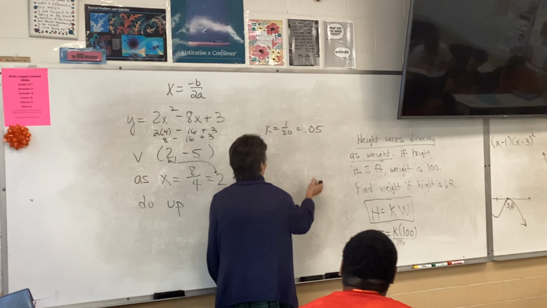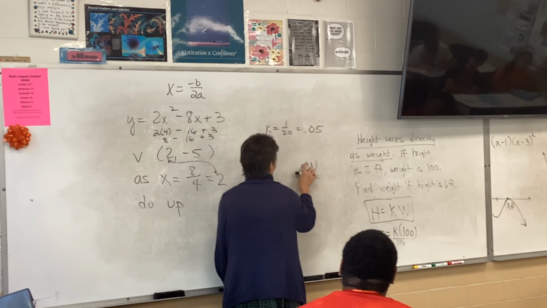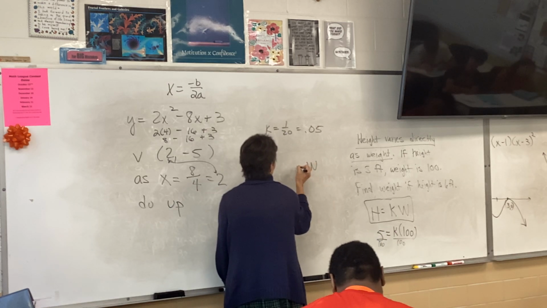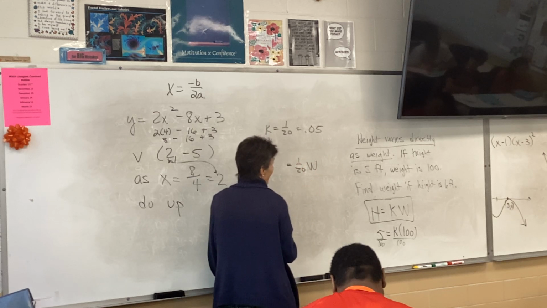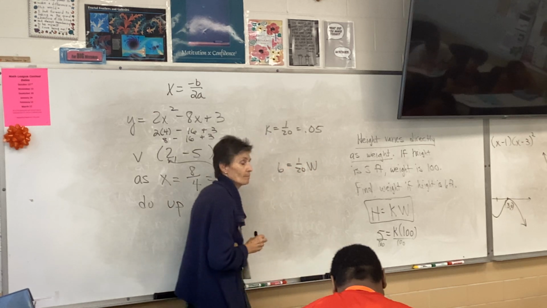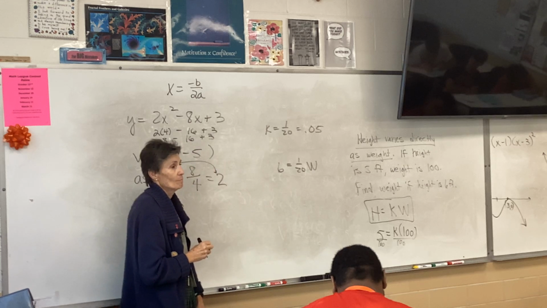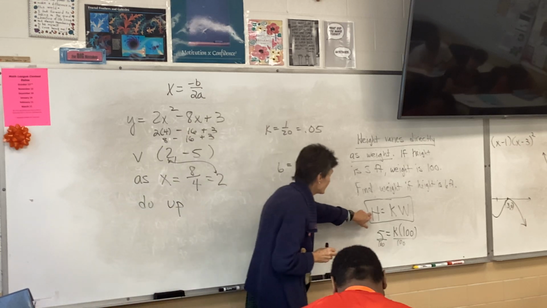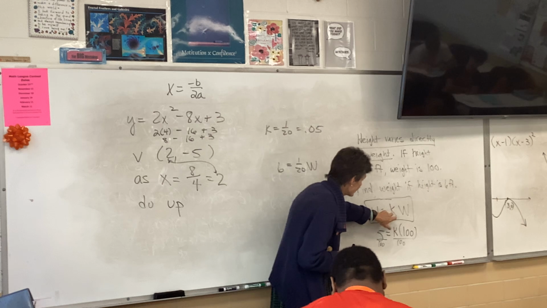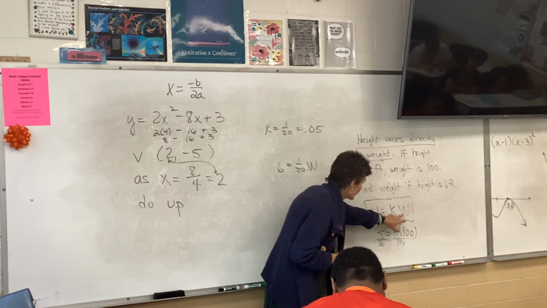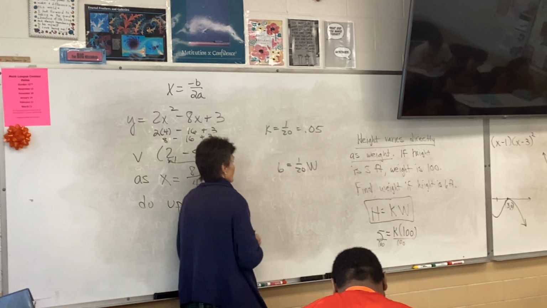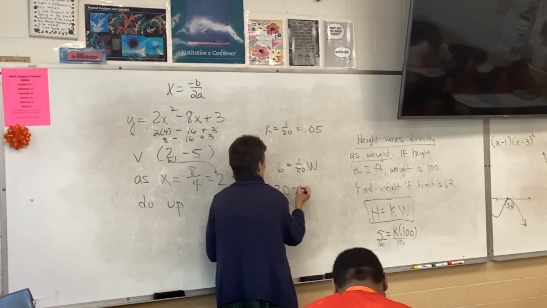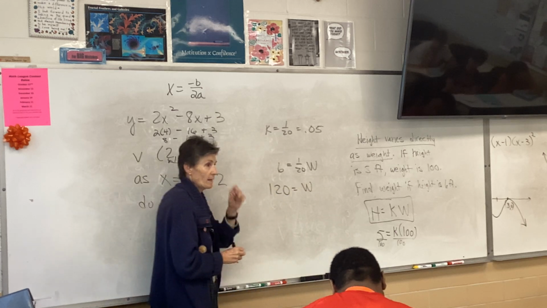Find the weight when the height is 6. So again, my formula, the height's 6. This is 1/20th, and that's what I got. Times 20, it looks like the weight would be 120.